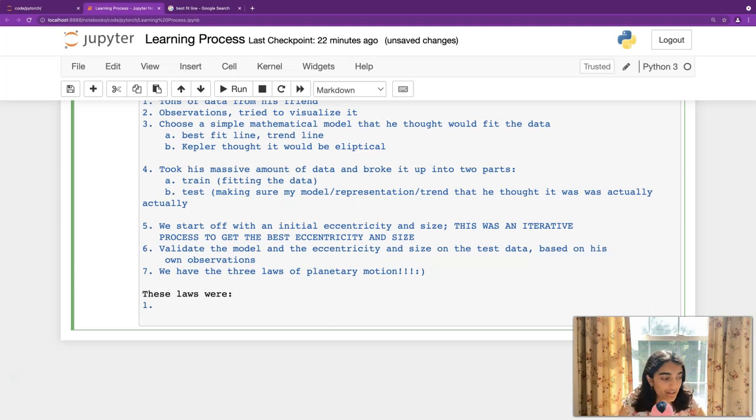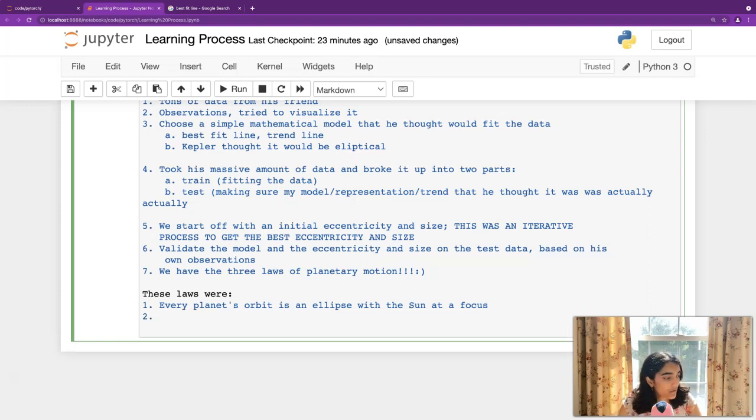So the first one was that every planet's orbit is an ellipse with the sun at its focus. Every ellipse has a focus point, right? So every planet's orbit is an ellipse with the sun at a certain focus point.